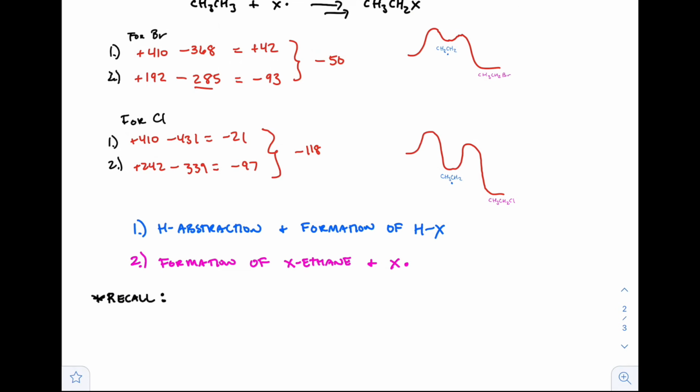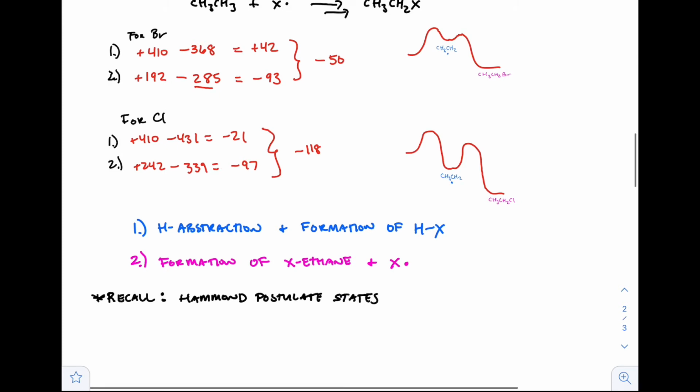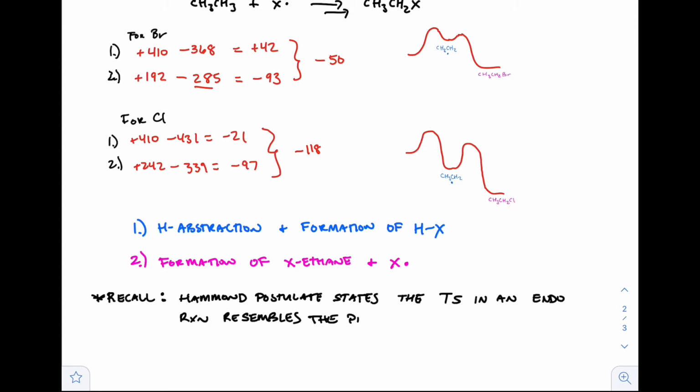Okay, so recall the Hammond Postulate, right? And so the Hammond Postulate tells us that for an endothermic reaction or process, the transition state resembles the products. Okay, so transition state in an endo reaction, I always write resembles the products.